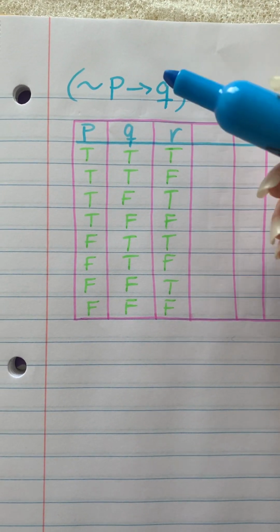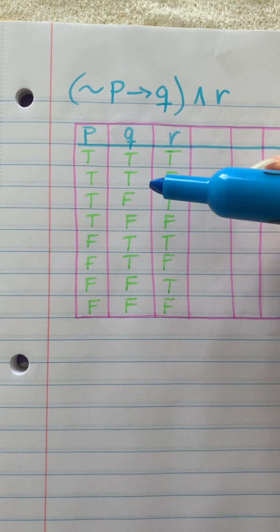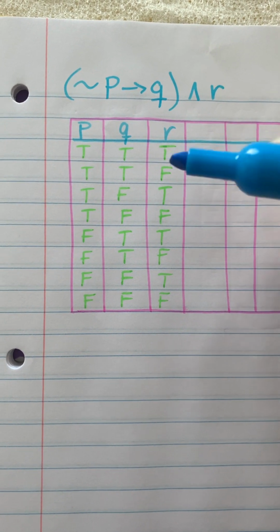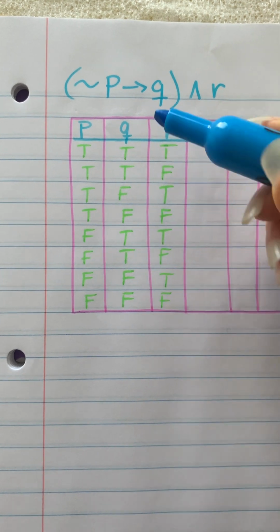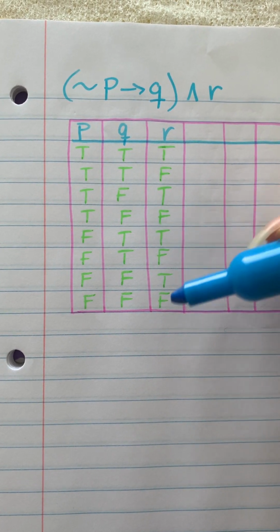And for Q, we have the 2 trues in the beginning, then the 2 falses for the other pattern, and it just keeps going like that, true, true, false, false, true, true, false, false.